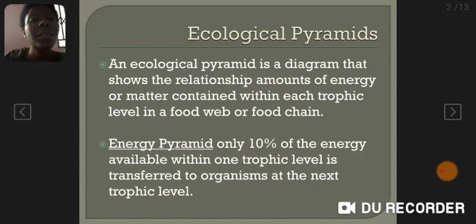Now let's take a look at one of them, which is pyramid of energy or energy pyramid. It's very important that you know that it's only 10% of the energy available within one trophic level that is transferred to organisms at the next trophic level. Only 10%. So what will happen to the rest 90% of energy that was gathered by the producers?